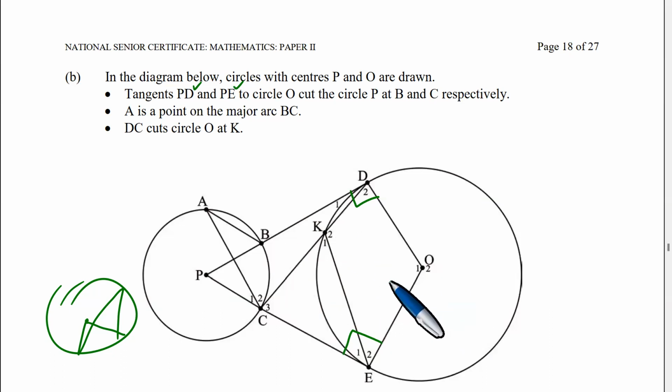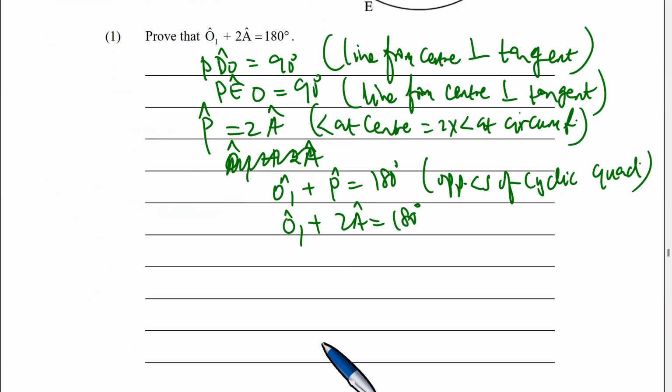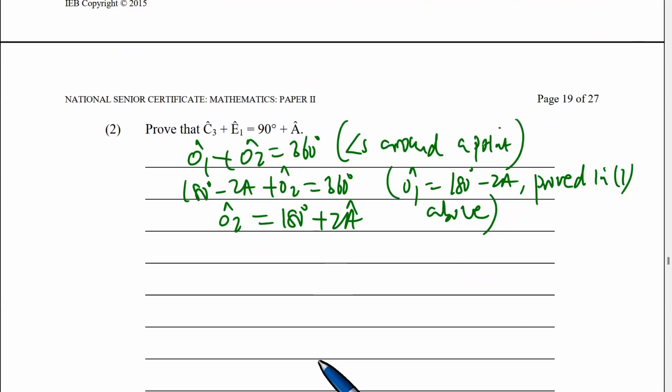if you look at this diagram here, this is already a cyclic quad. If this is a cyclic quad, there's a circle that passes through those points. Right, if there's a circle that passes through those points, we can be in a position to say the following. Let's start by saying angle K2 is equal to C3 plus E1.